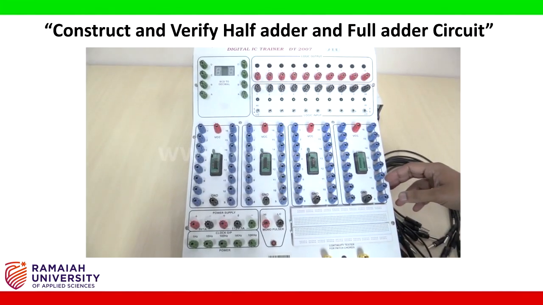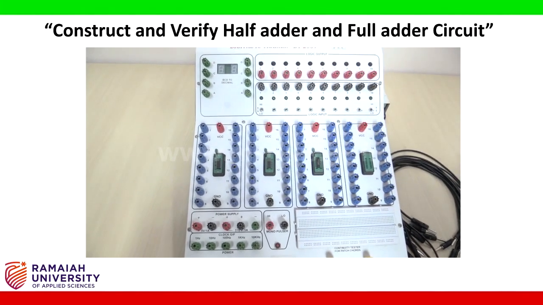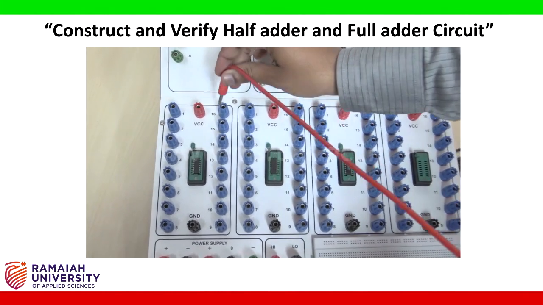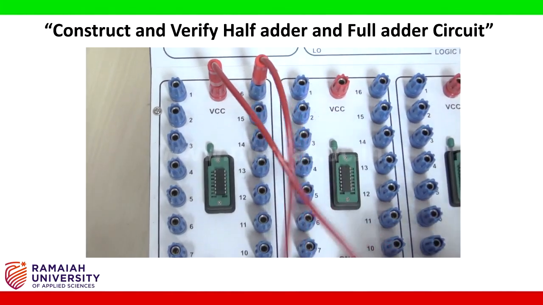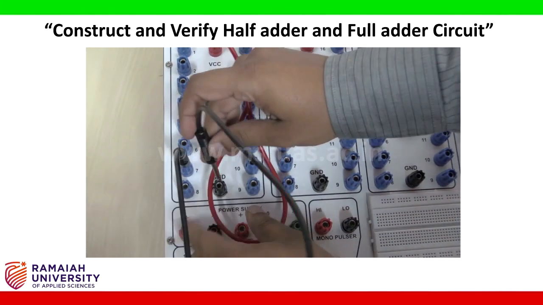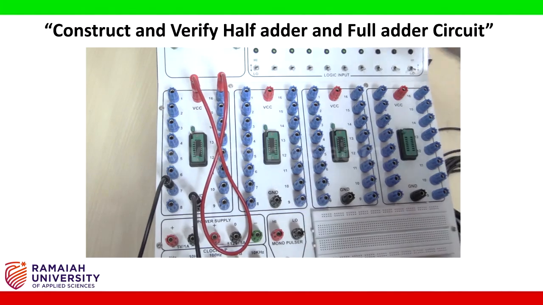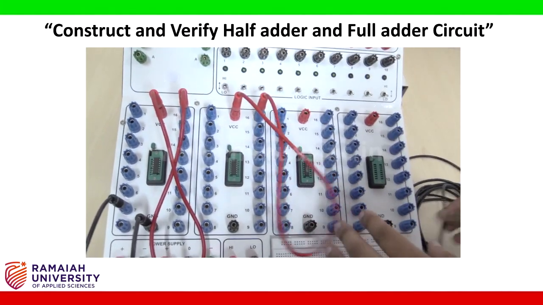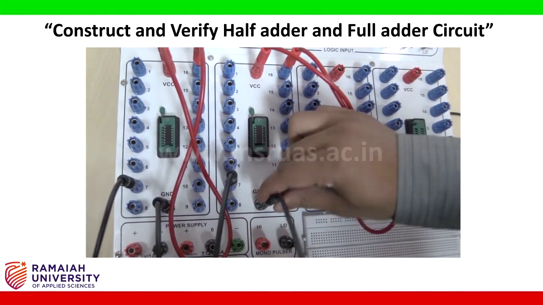So let us first connect VCC and ground of every base. So as per the pin diagram, pin number 14 represents VCC and pin number 7 represents ground. Similarly, pin number 14 represents VCC, pin number 7 represents ground.